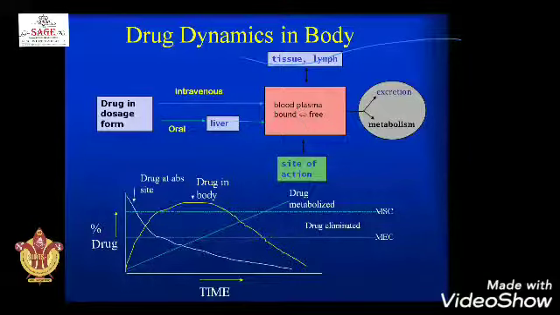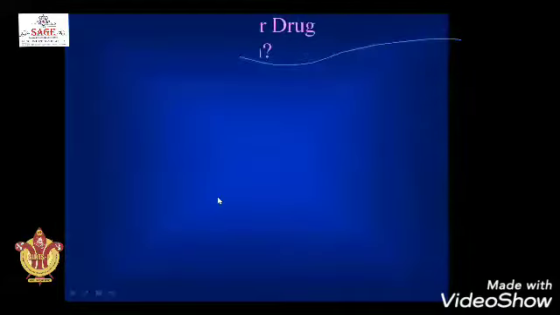And as soon as the drug reaches the blood, it will be distributed, metabolized, and eliminated from the body. All these four parameters, ADME, absorption, distribution, metabolism, and elimination, will decide how much drug will remain in the body.